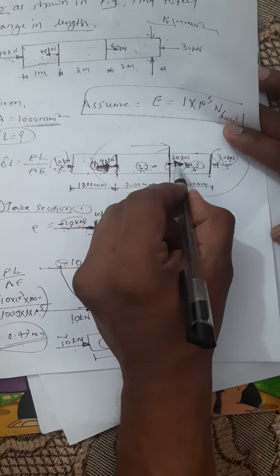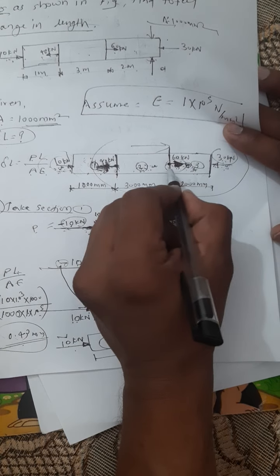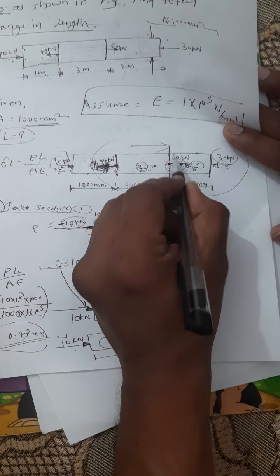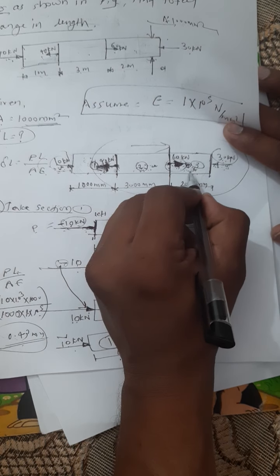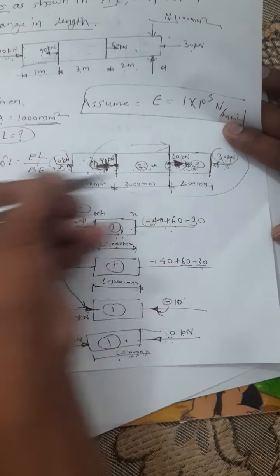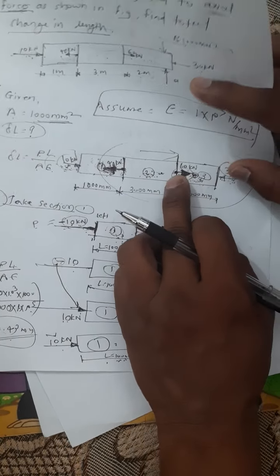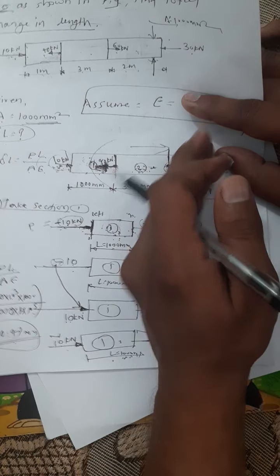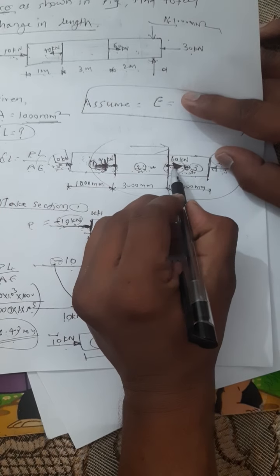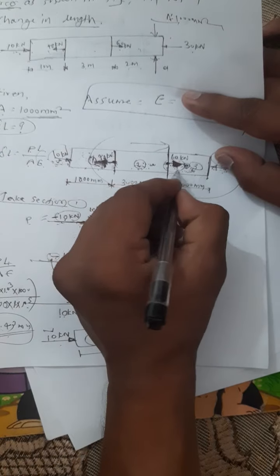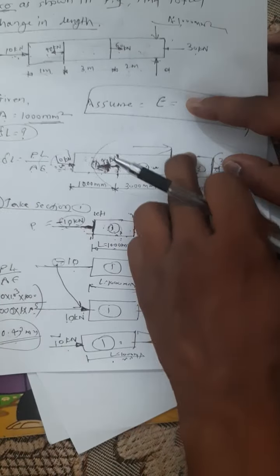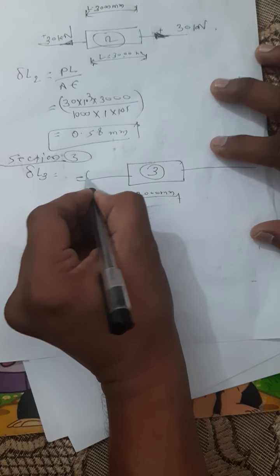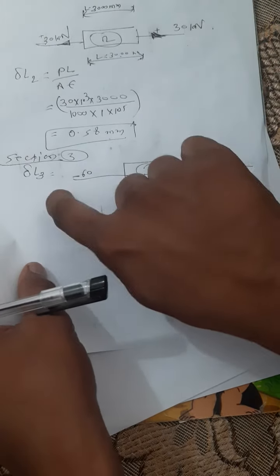So first, the force at the left side of section number 3 is 60. What is this 60 doing? See, the arrow is pushing this section number 3, so it is a pushing force. Arrow means direction showing, and pushing means negative, so minus 60 from the left side.